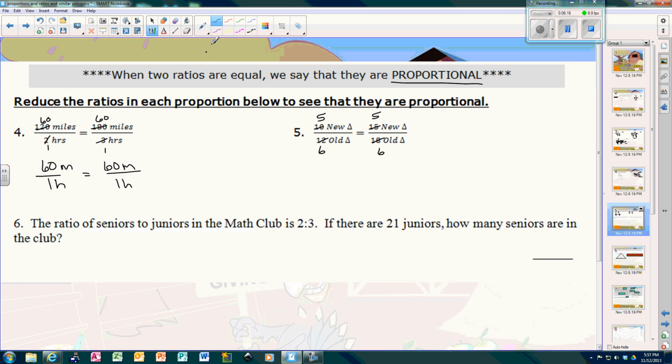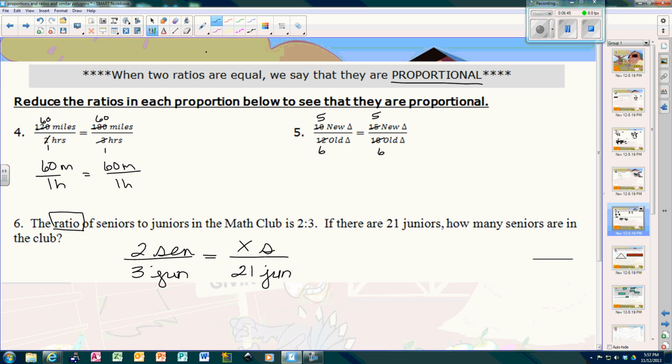Okay, so think about the ratio. Anytime you see the word ratio, you're going to be dealing with things that are in common. So if my ratio of seniors to juniors is 2 to 3, that means I have 2 seniors for every 3 juniors. If there are 21 juniors, then if I set up a proportion, I'm going to put 21 down here where the juniors go because that's how it's labeled.